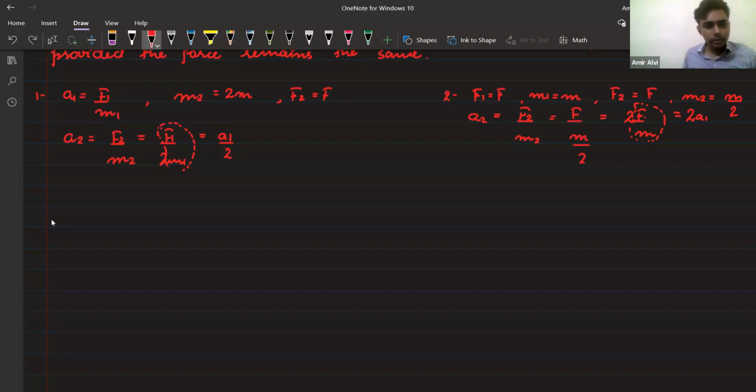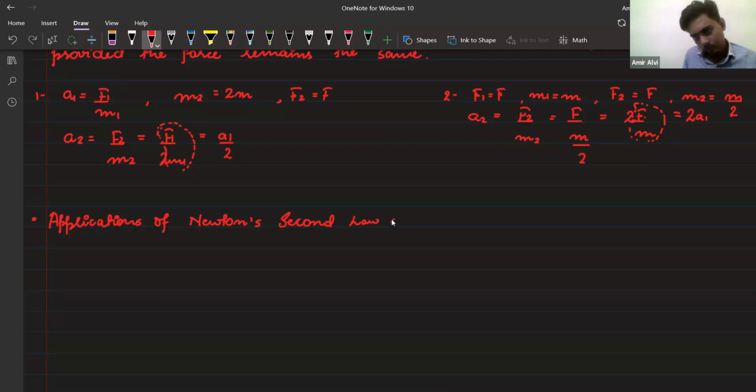These are the applications of the second law of motion. Please start writing, everyone. Applications of Newton's second law.